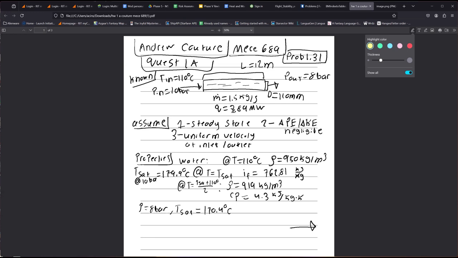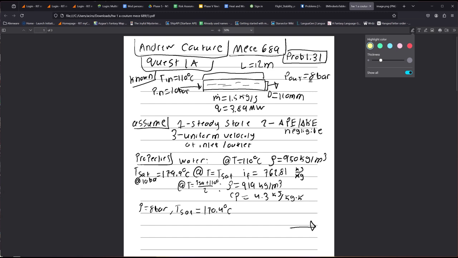Key assumptions: it is steady state, and as given from the hint, there is negligible change in kinetic and potential energy, and there is a uniform velocity at the inlet and outlet. Otherwise, we couldn't use simple math to figure out the velocities of the flow, so we assume uniform velocity to figure them out later on.